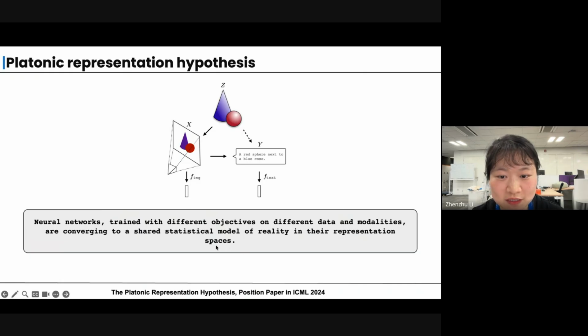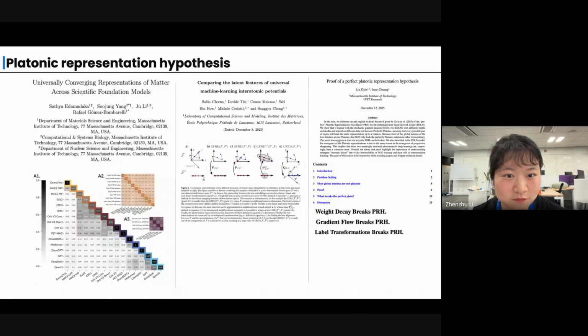Inspired by this, we were wondering if models trained for materials can also have this property. That's the motivation of this work.